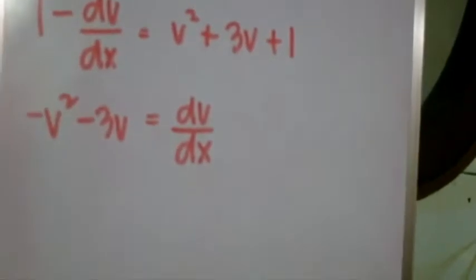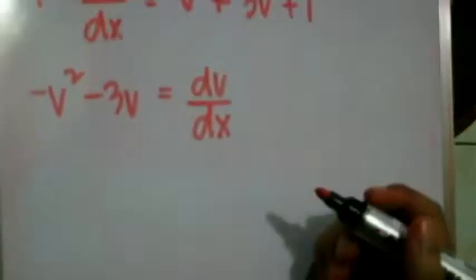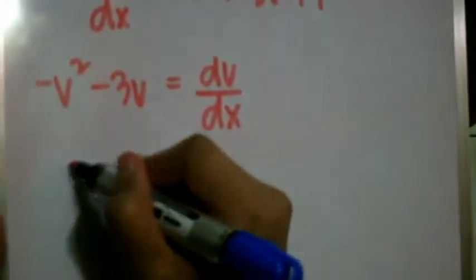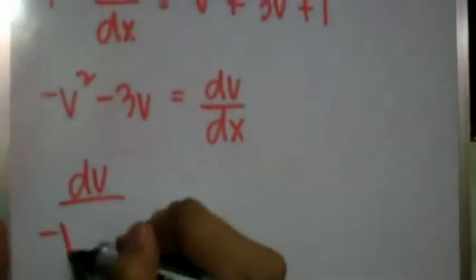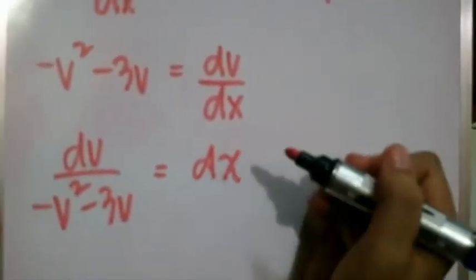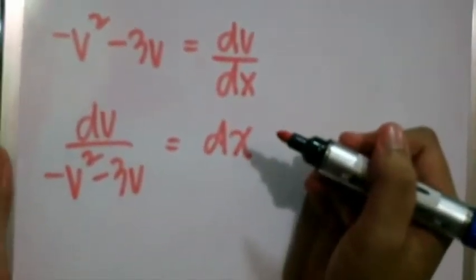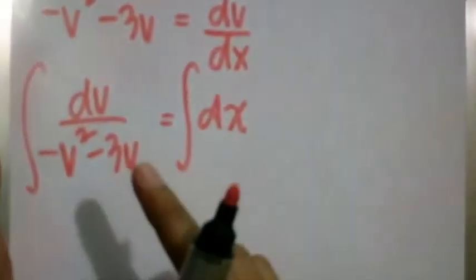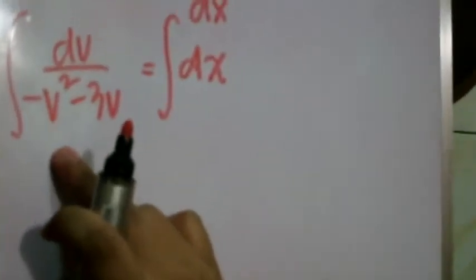Combining and separating like variables, we have dv over negative v squared minus 3v is equal to dx. Now we have a separable differential equation and integrating both sides, where the left side is applying partial fractions.